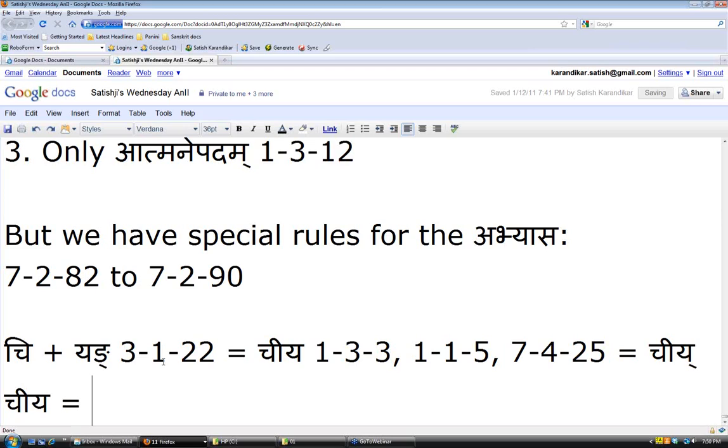So this was the Kashika example. So you get a new dhatu now, called chechiya. And so first apply the usual rules, what are called samanya niyamas.